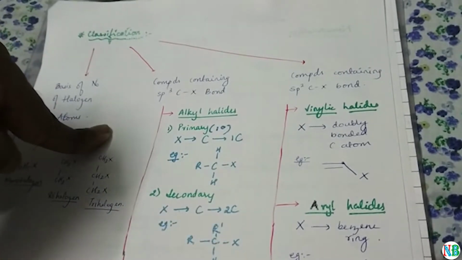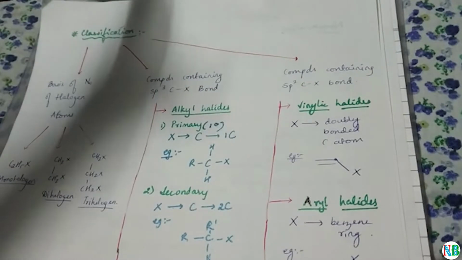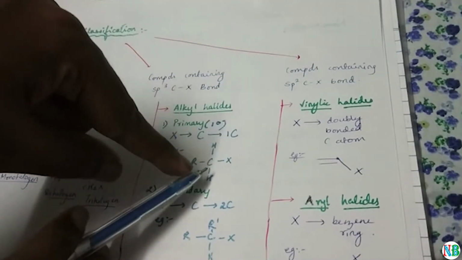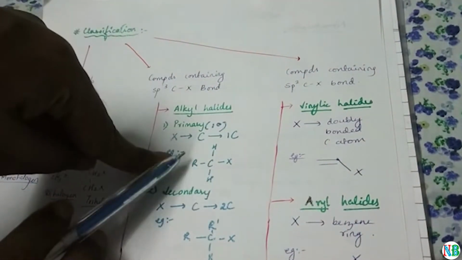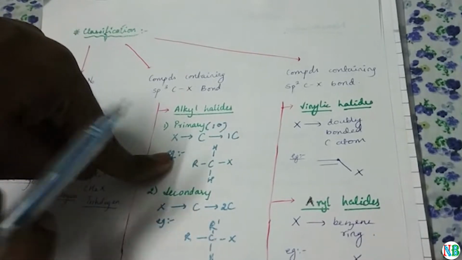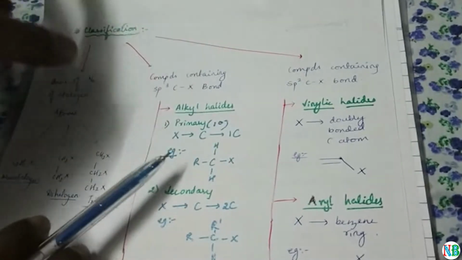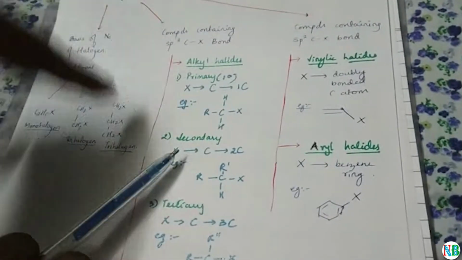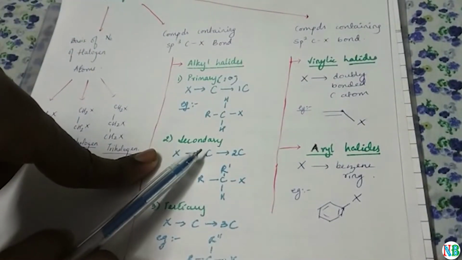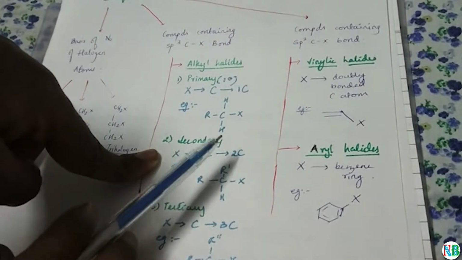Its two other bonds are just to hydrogen. If one other bond would be to carbon, then two bonds would be to carbon, and that would be secondary. Here only one bond goes towards carbon, and that's why it's primary. In secondary, the halogen atom is attached to the carbon atom, which is attached to two more carbon atoms.